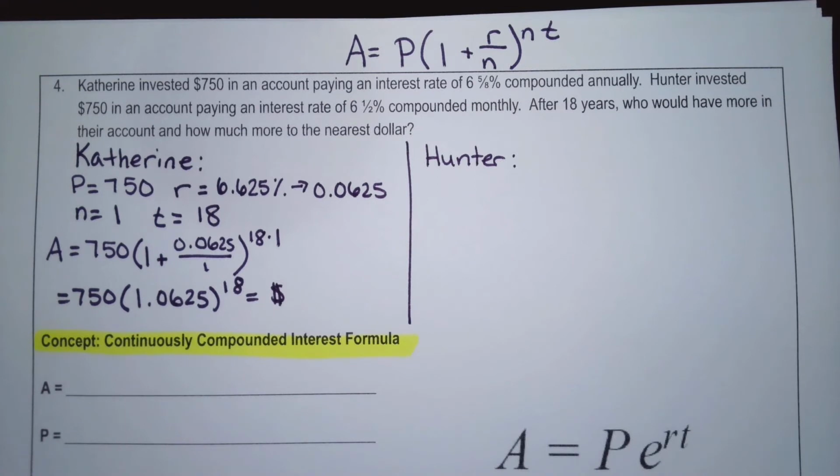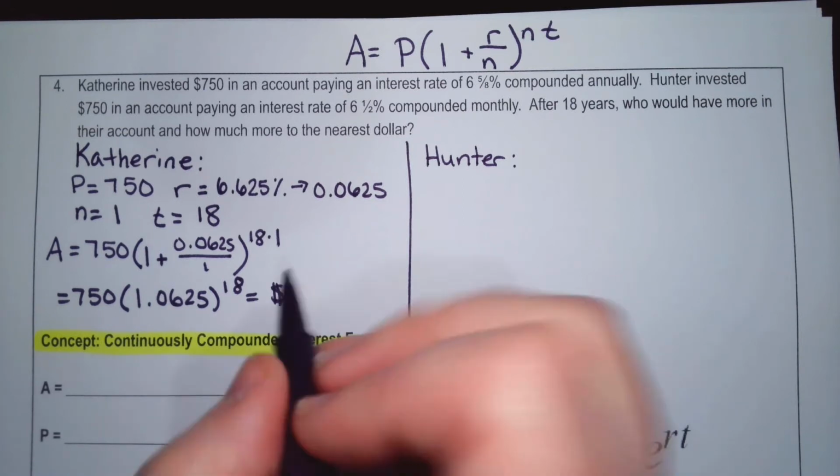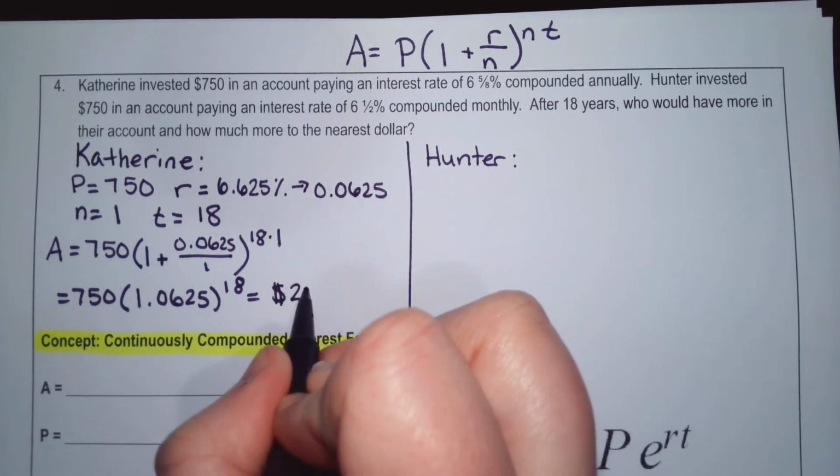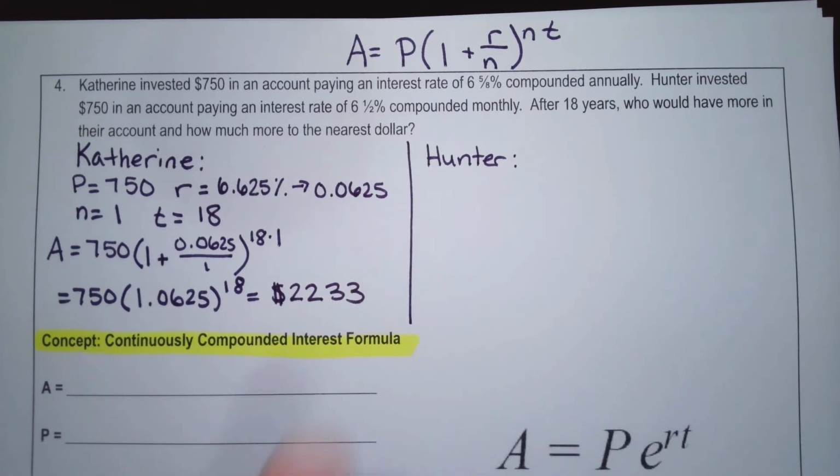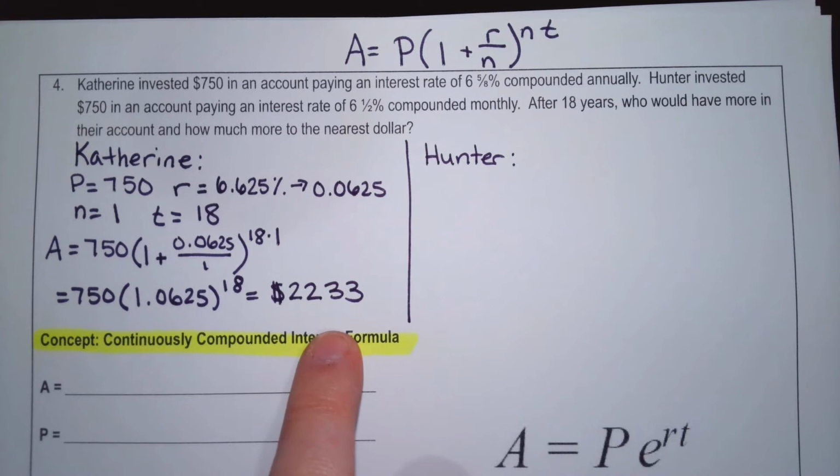So let's calculate that out. And we get $2,233. They did say nearest dollar, so that's where we're going to stop. So there is Catherine's amount after 18 years.